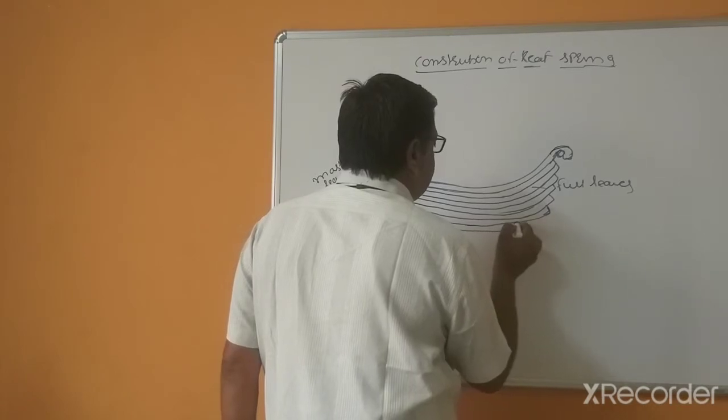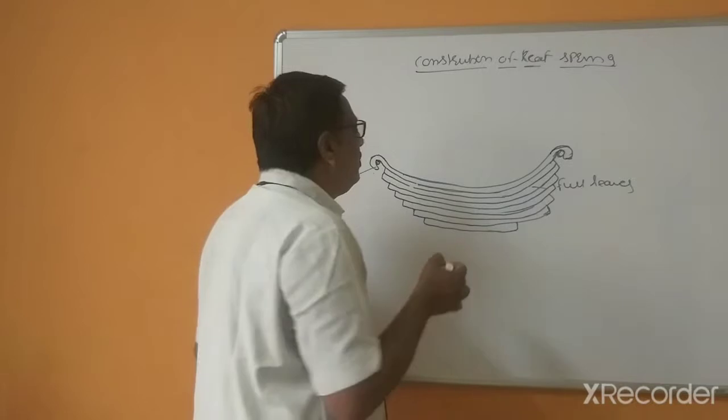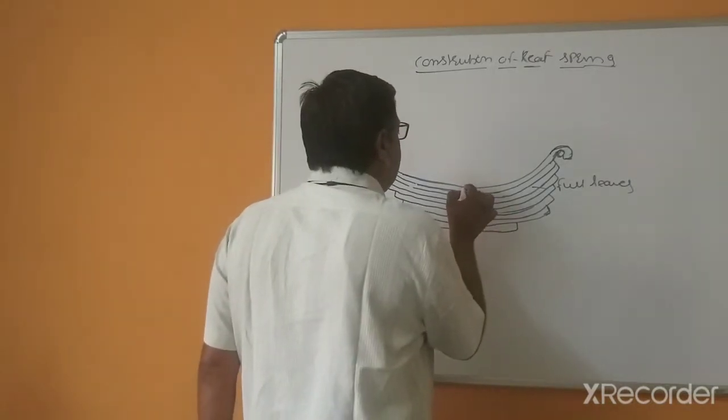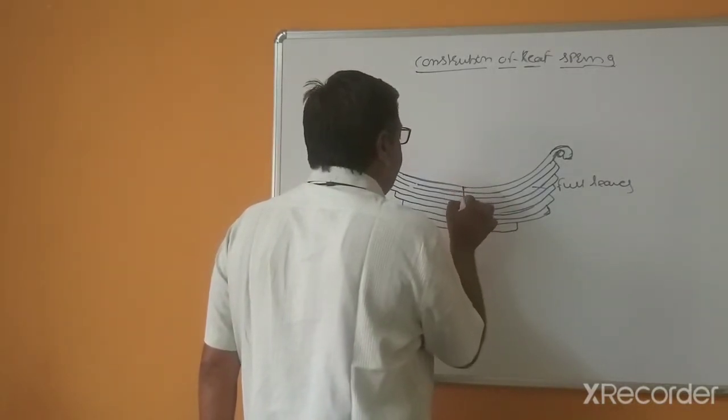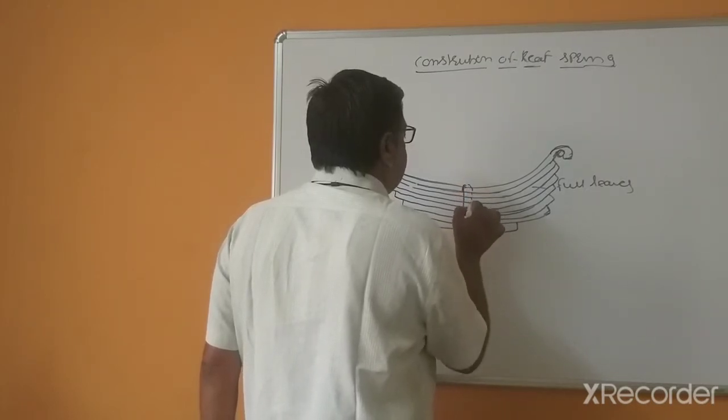Suppose this is the last leaf. So at the center, an eye bolt is required to hold. So this is the main bolt. This is actually dotted.